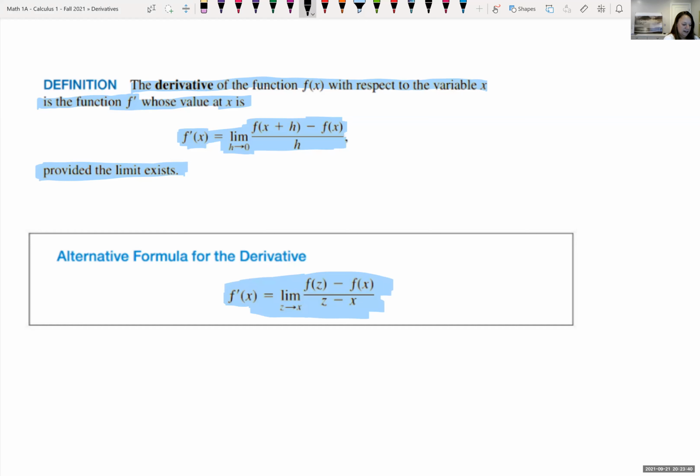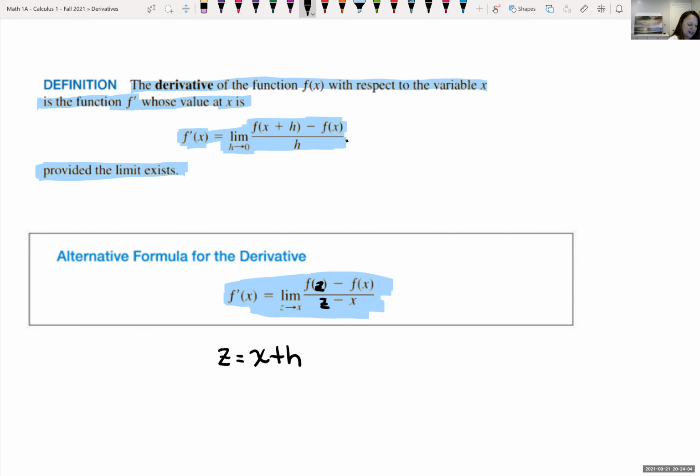Okay, so we are looking at this as z equal to x plus h. Notice if we plugged this back in, wherever we saw z, we would have the same formula up here.